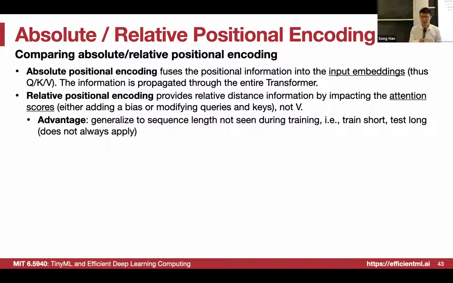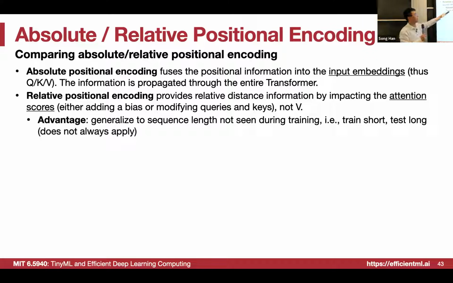The relative positional encoding instead provides the relative distance and injects it into the attention score, the n by n attention map, by either adding a bias to the attention map or modifying only the query and the key. The V is not modified, so it's different from the first case.